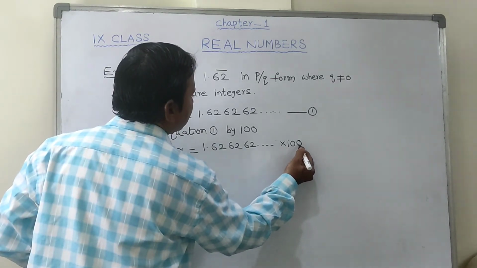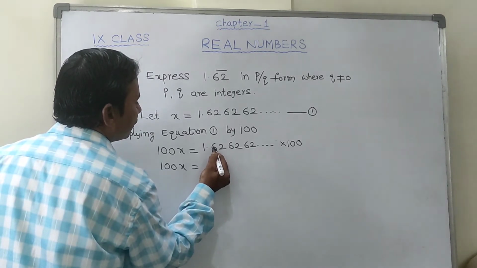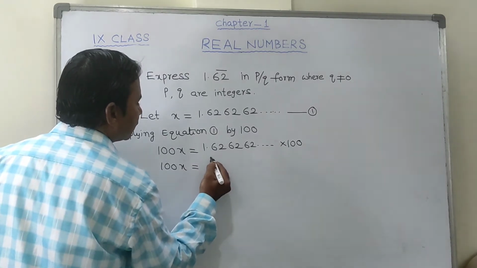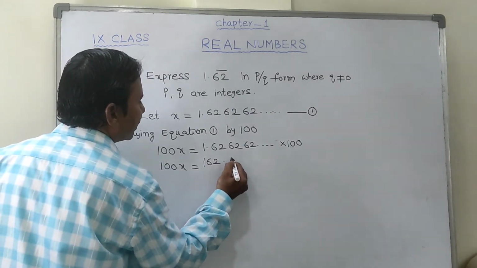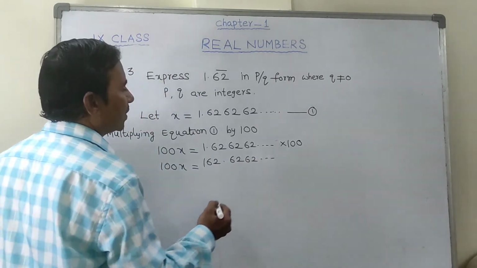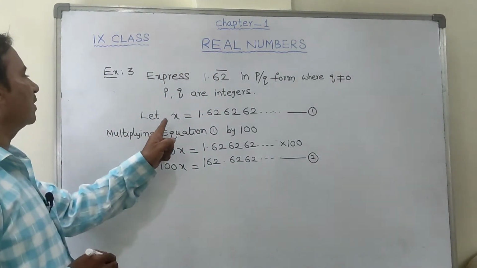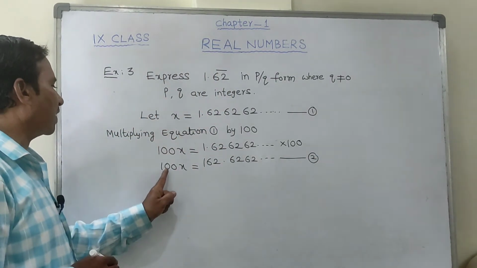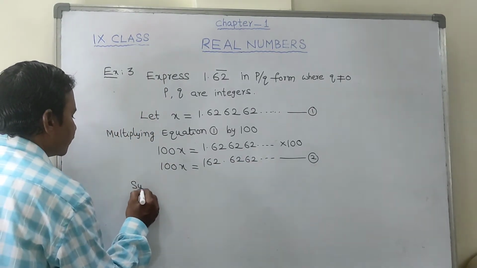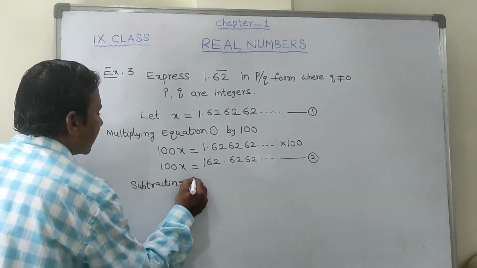So as 2 zeros are there, the point moves after 2 digits, means 1, 2. So you will get 162.6262 like that after multiplication. Consider this as the second equation. If you see, this is x equals to, this is 100x equals to. So let us subtract the first equation from the second equation.